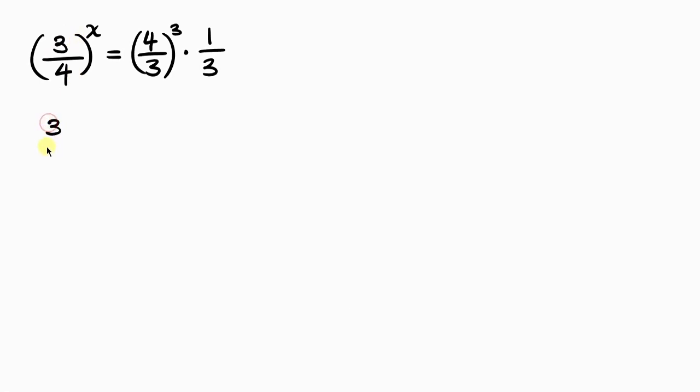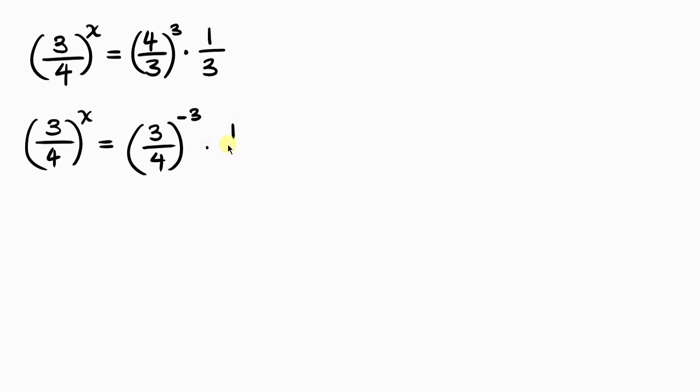So this is (3 over 4)^x equal to, now I'm going to be writing 3 over 4. As I am switching the positions of the numerator and denominator, this will affect the sign in the power. So instead of 3, this becomes negative 3. Very good. So plus 1, not times 1 over 3.